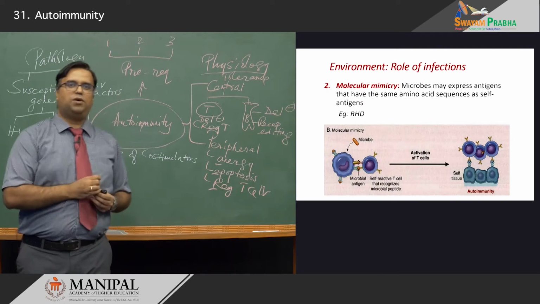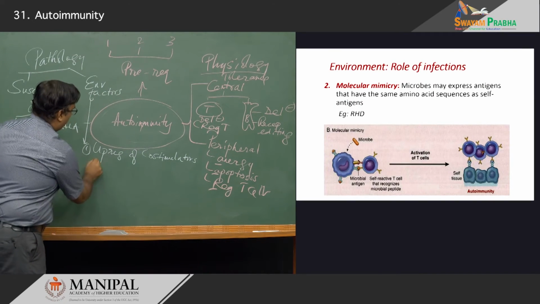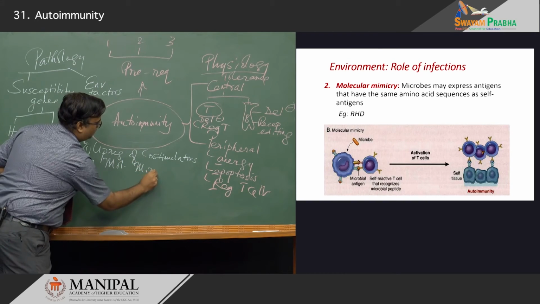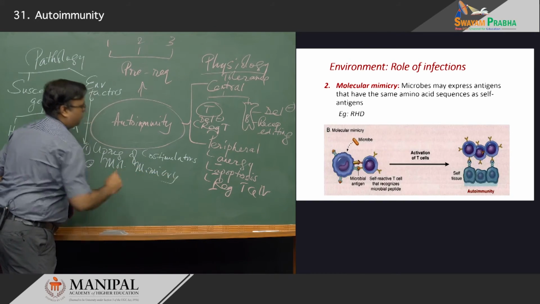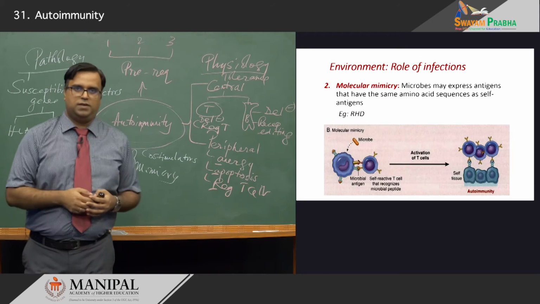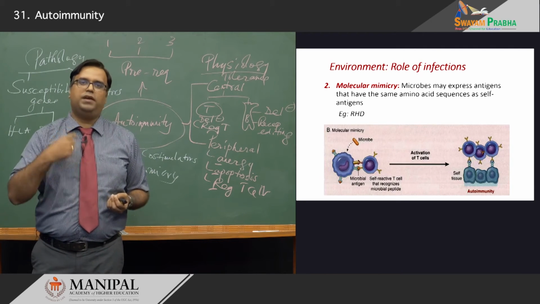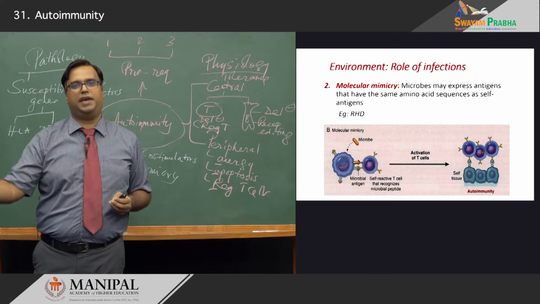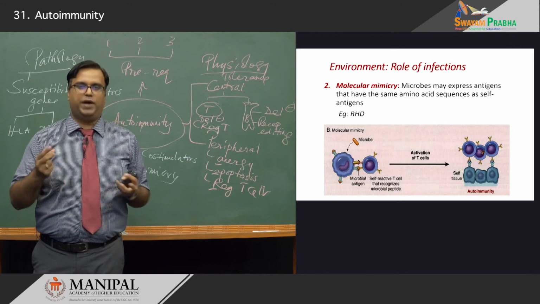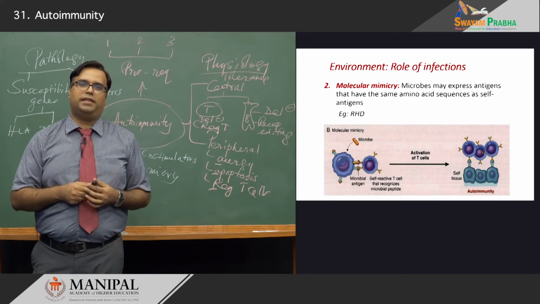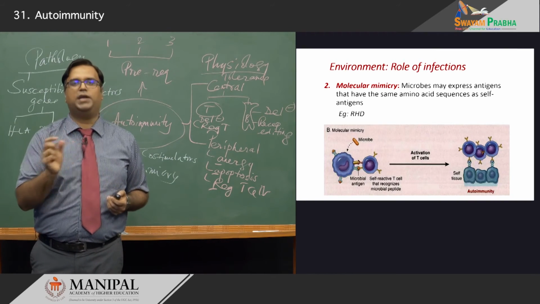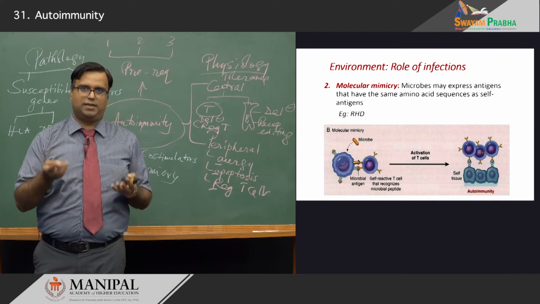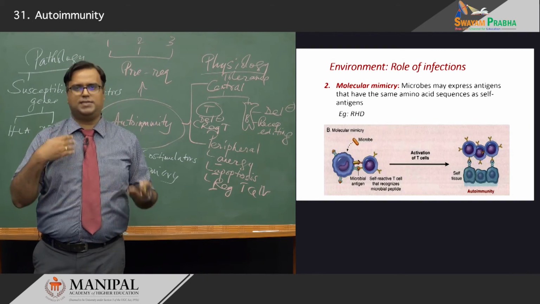The role of infection is also an important mechanism, which is called molecular mimicry. It simply mimics. As your antibodies mount a response against an invading microbial organism, the same will cross-react against your own antigens. Why, you ask? The reason is that there is some similarity in the amino acid sequences between the microbes and the self antigens, and this subtle difference makes the cell confused.